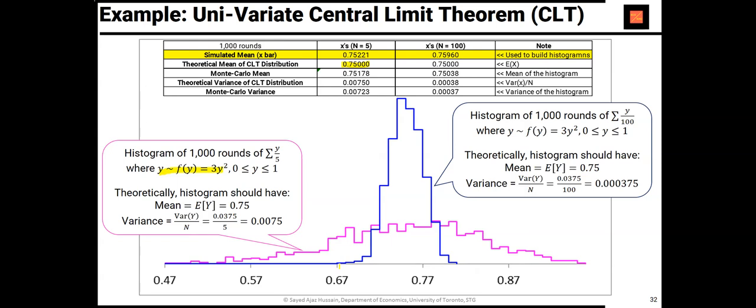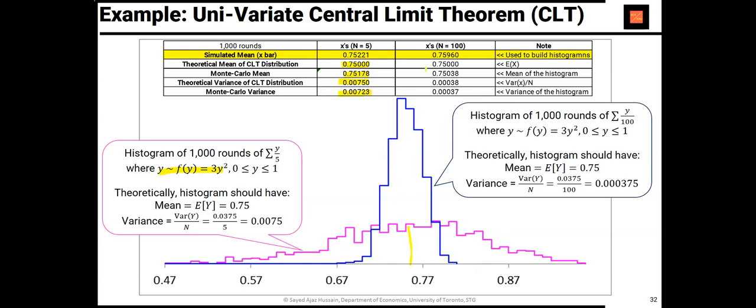Just with 1,000 observations and with only 5 observations per sample mean, you can see I'm pretty close, because according to the Monte Carlo simulations, the center of this purple distribution was approximately 0.75178. In theory, the variance should be sigma squared over n, which should be 0.0075. In practice, the purple histogram has a variance that's pretty good. So even with n equal to 5, I'm doing a pretty good job.